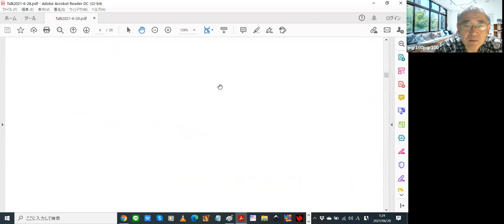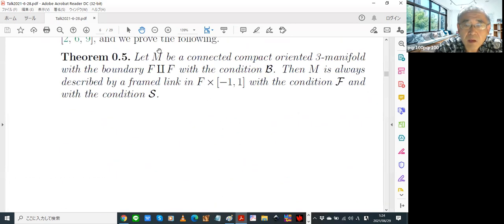Let M be a connected compact oriented three-manifold with boundary with fixed meridians and longitudes. M is always described by a framed link in the surface with condition S. This is important too. There is always a framed link with condition S, simply connected.